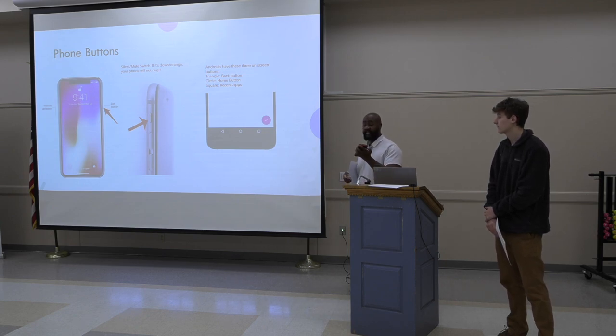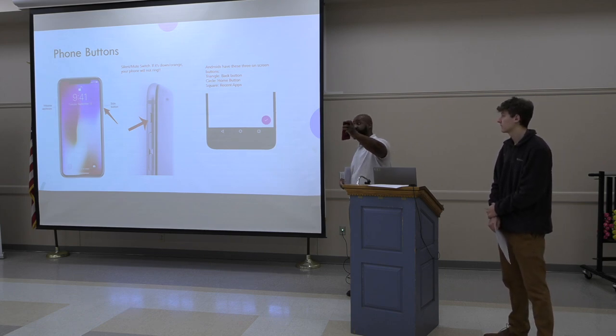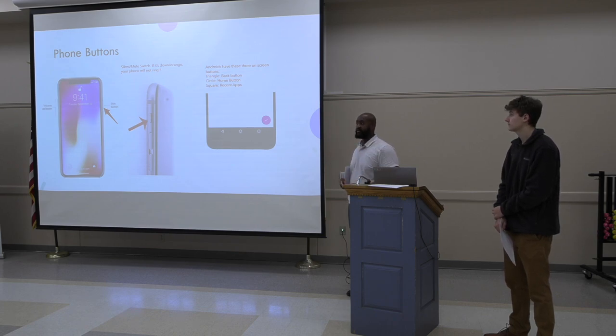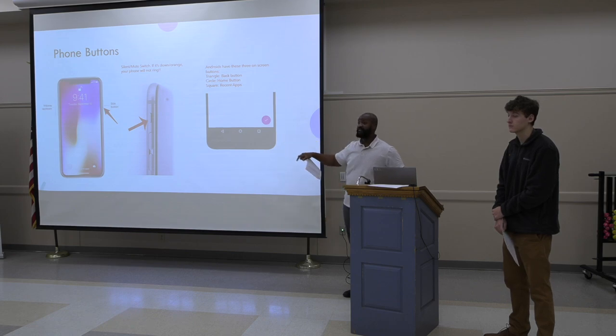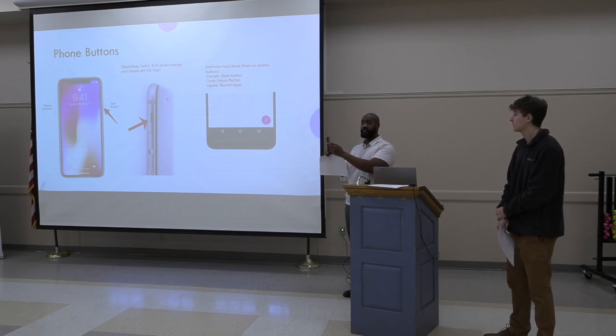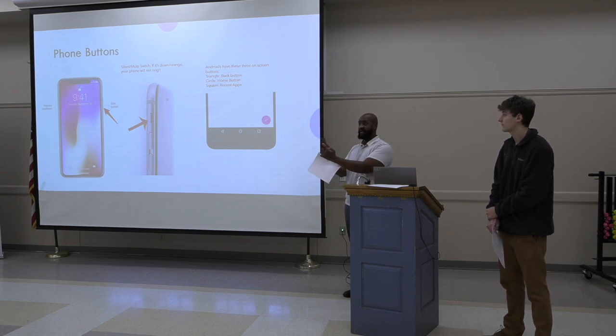So as a safety precaution, they'll have you press the power button as well as the down button on your volume to actually turn off or turn on your phone. And so typically it's a combination of the two. Some iPhones have the volume button on this side, so you just mash the power button and the volume button on the opposite side in order to bring up the power.